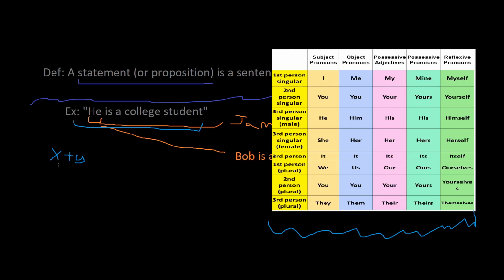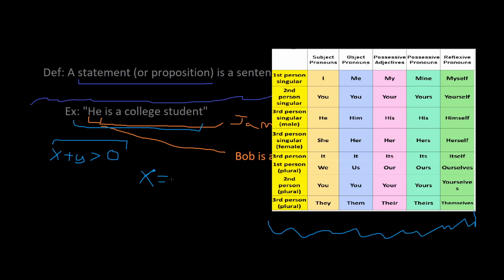It says x plus y is less than 0. This is a mathematical statement, and we're going to see if it's true or false. For these kinds of numbers, let's say we can plug in some points.